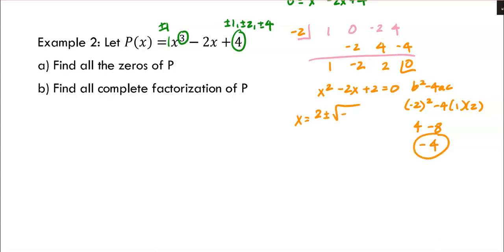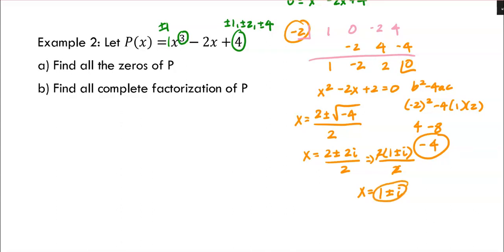I already have what goes inside of the radicand, and that's going to be x equals 2 plus or minus 2i over 2. I'm going to factor out a 2 there, and you get x equals 1 plus or minus i. So don't forget that 0. Those are the zeros: -2 and 1 plus or minus i.